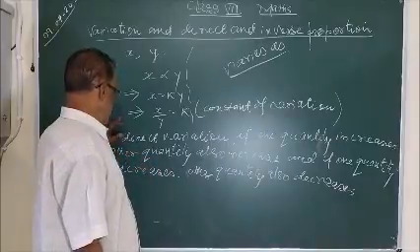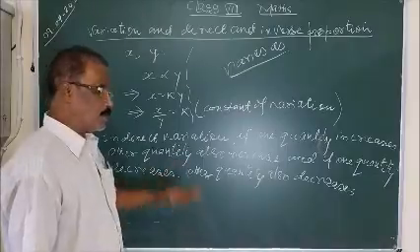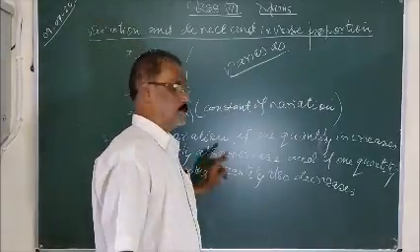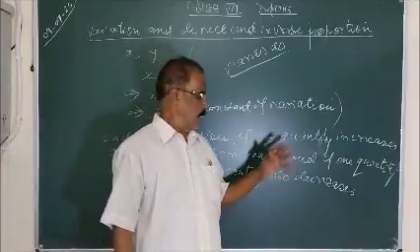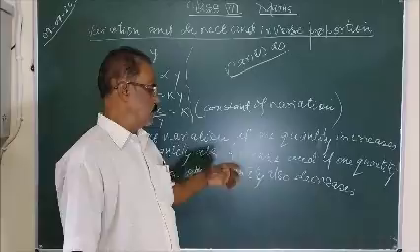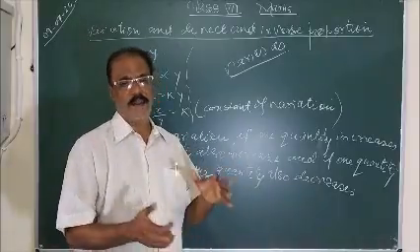So, in short, in direct variation, if one quantity increases and the other also increases, and if one quantity decreases, the value of the other quantity also decreases. So that is called direct variation.